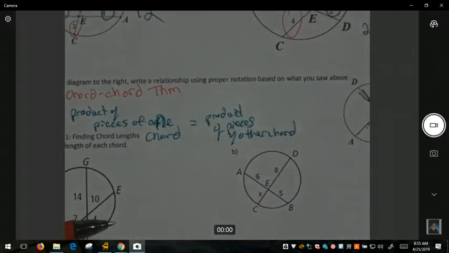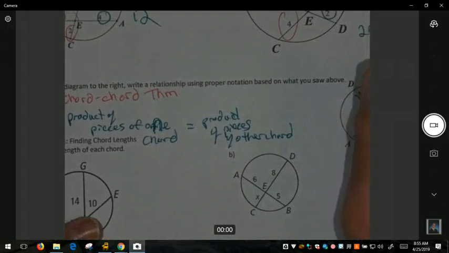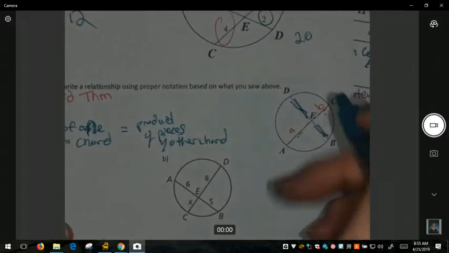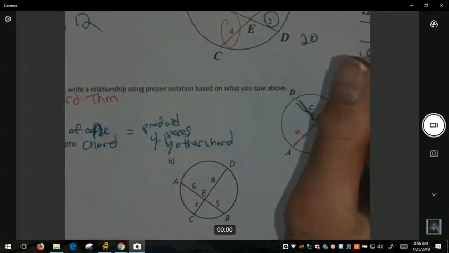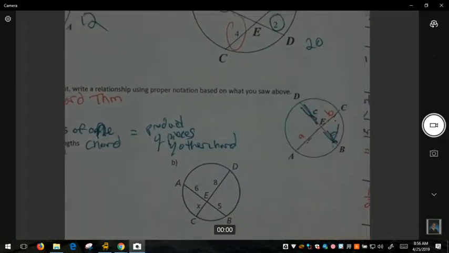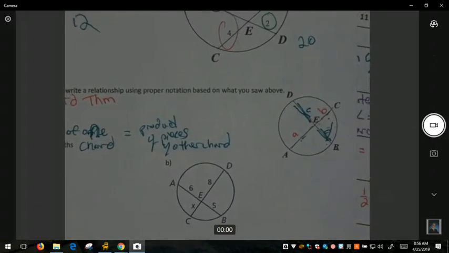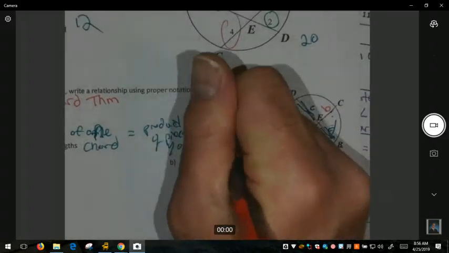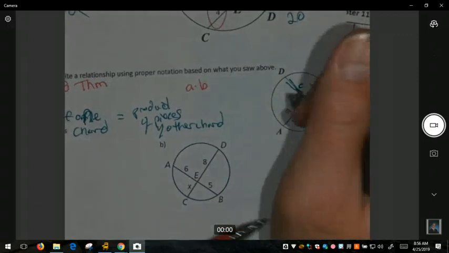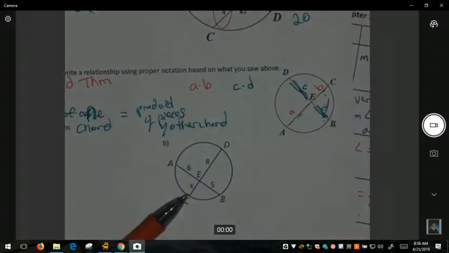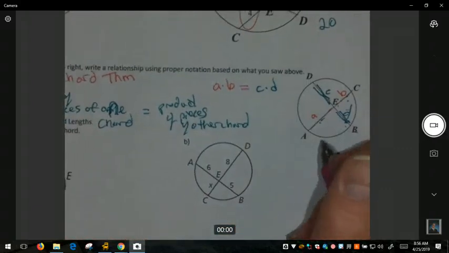That is what chord-chord theorem says. In other words, if I name them A, B, C, and D just to make it easier, since AE is A, and EC is B, and DE is C, and EB is D, I would have that A times B will be equal to C times D. Those products will be equal.